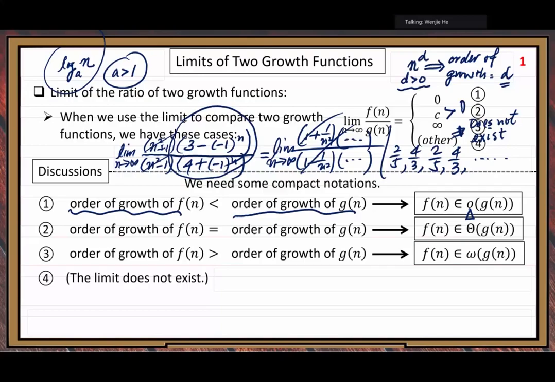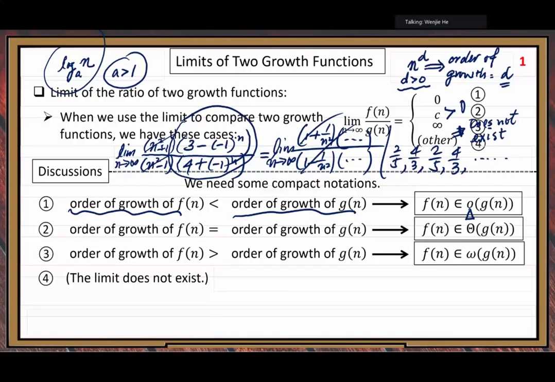The meaning is the order of growth of f is greater than the order of growth of g, and in the limit way, the ratio of these two functions when n goes to infinity is infinity. So we used 3 asymptotic notations for these first 3 cases.